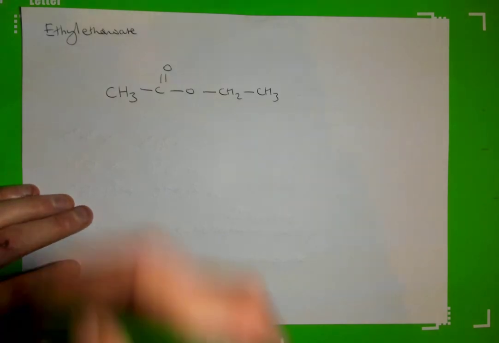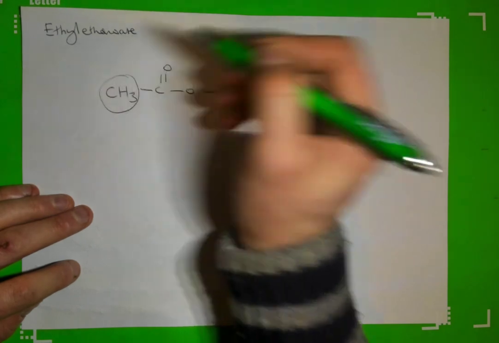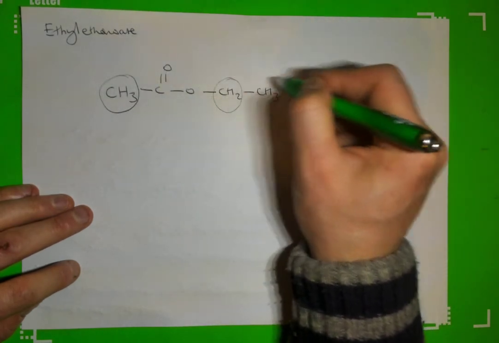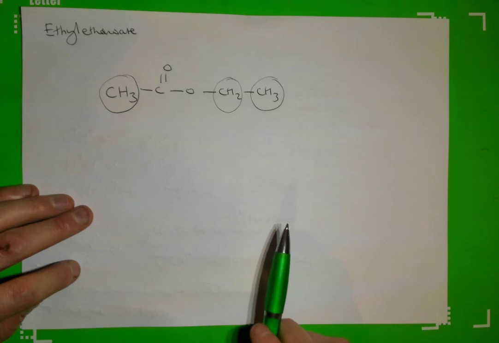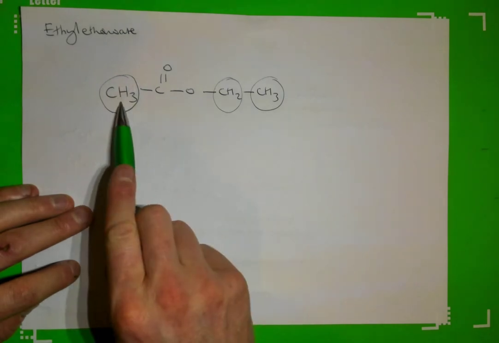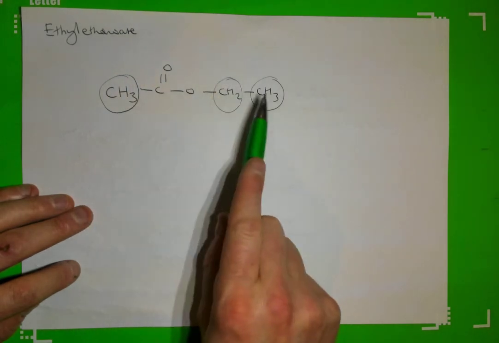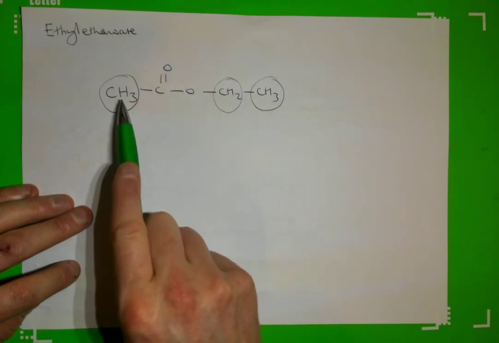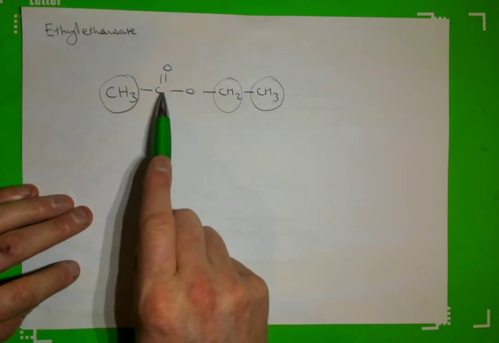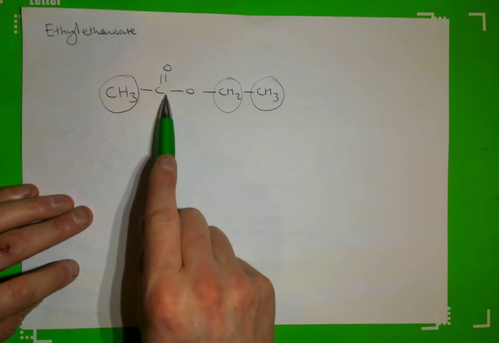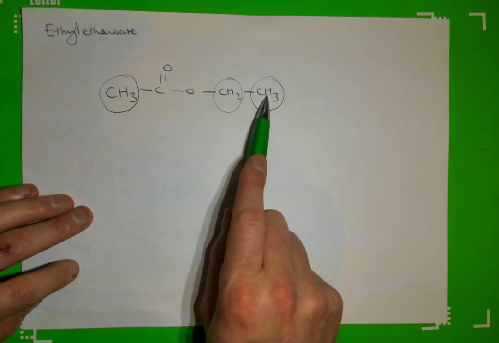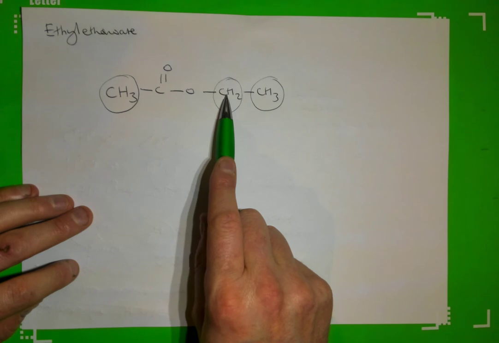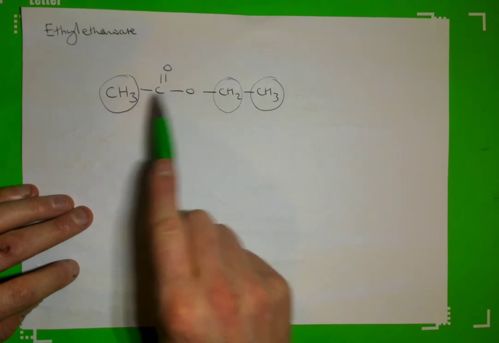So we've got this one, and that one. Now it's important to stress that this hydrogen environment is different to that one. Yes, they're both CH3s. However, this is a CH3 attached to a carbon-carbon, but this is a CH3 attached to a CH2. So they're going to have different chemical shifts.